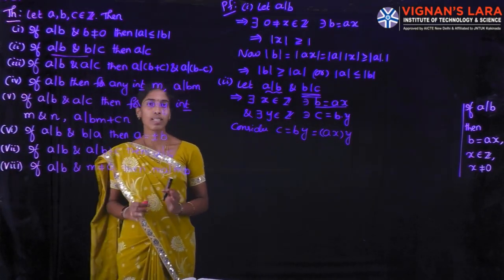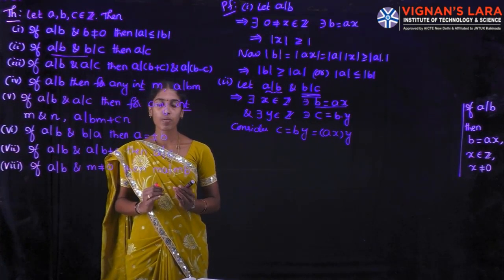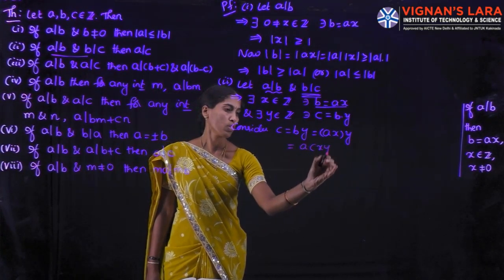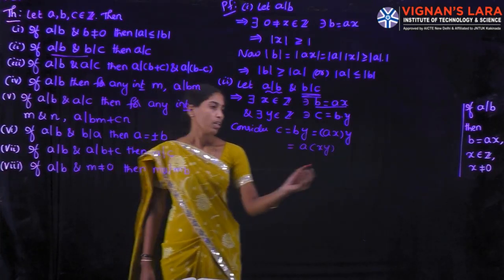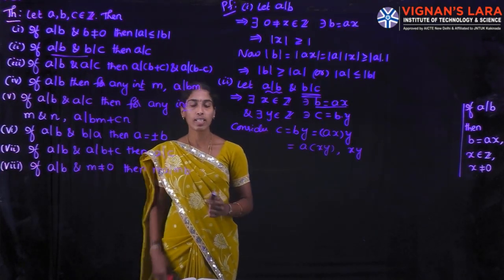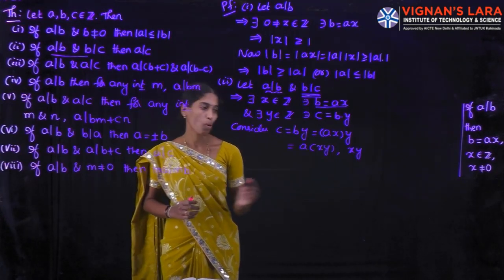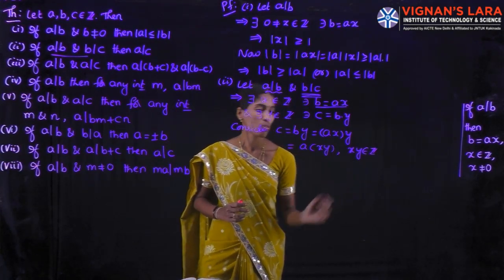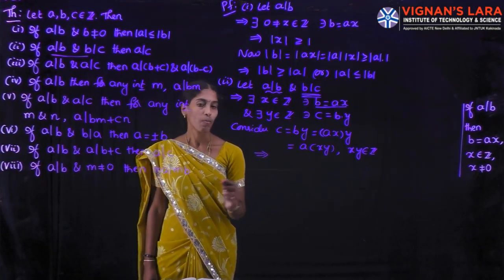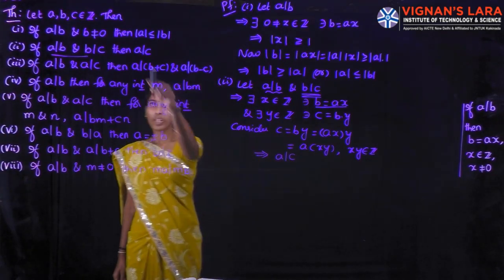Just now we discussed the properties of integers. Set of integers satisfy the associative law. So, we can write it as A into XY, right? What about XY? X is an integer, Y is an integer. Product of two integers is again an integer using the closure property. So, XY belongs to Z. Now, C is a multiple of A implies we can write it as A divides C, right? So, we get A divides C.